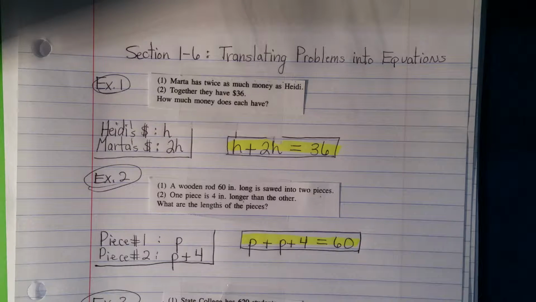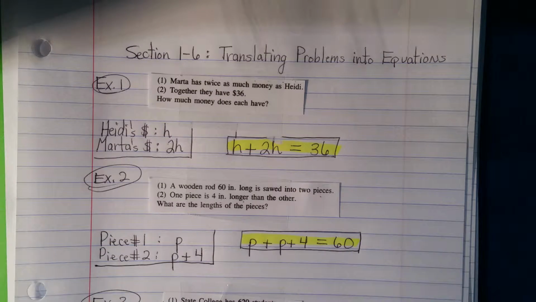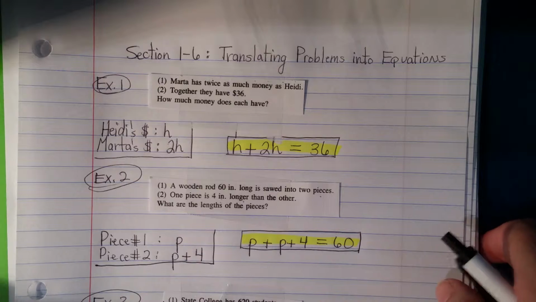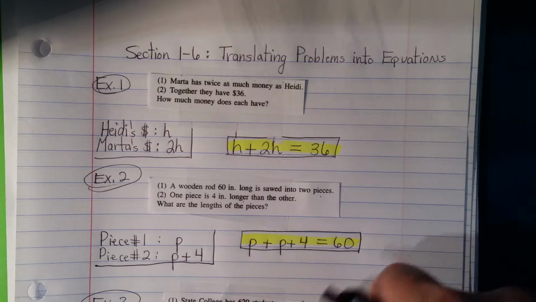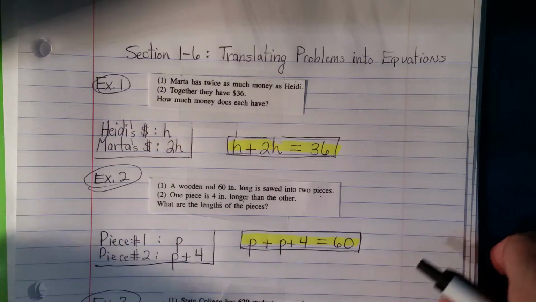So I'm breaking section 1.6 into 2 videos just so I don't end up with one that's too large for my phone to handle. So we already went through 4 examples in the first video.